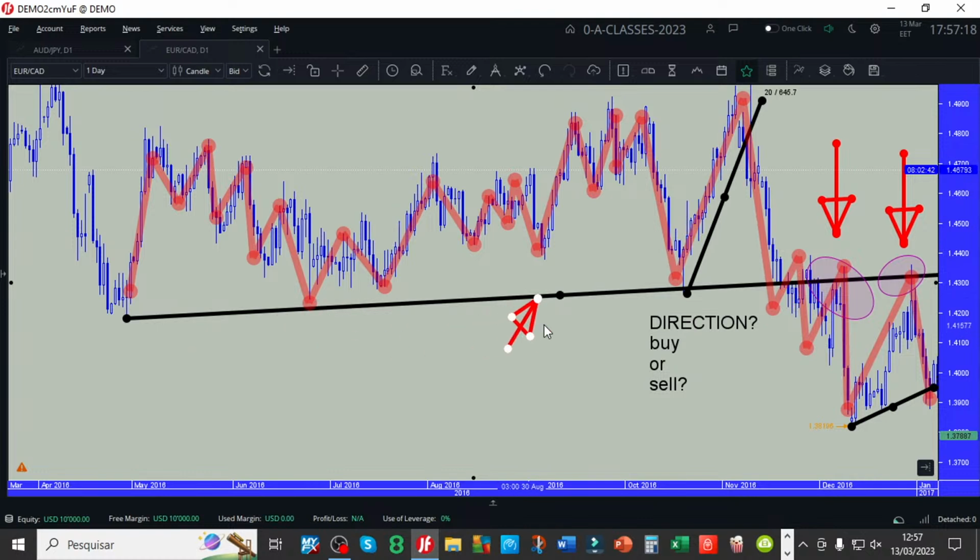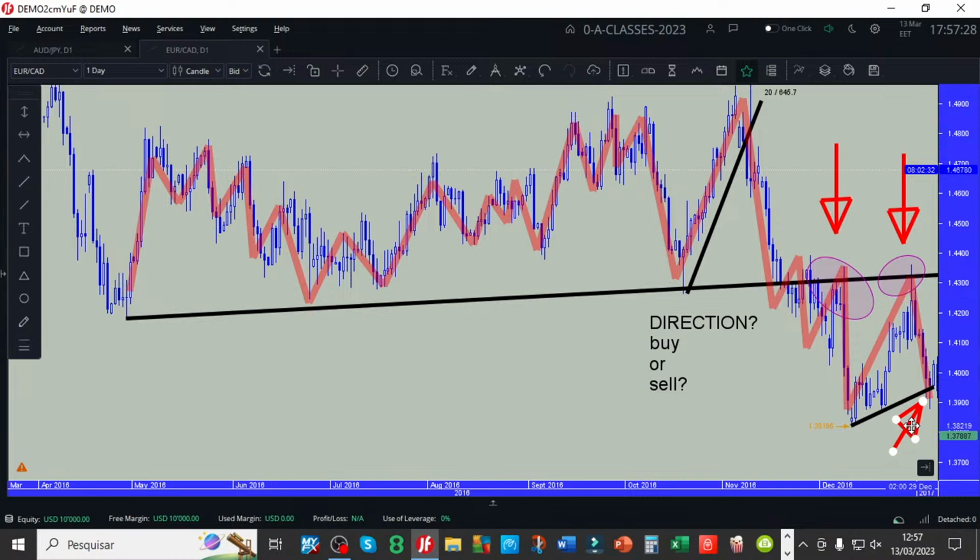It broke the uptrend line, retested the uptrend line 2 times, didn't make it, reversed, went down, and now broke the counter trend line. It makes all sense to me to go short. Do we agree, everybody? Going short makes sense.